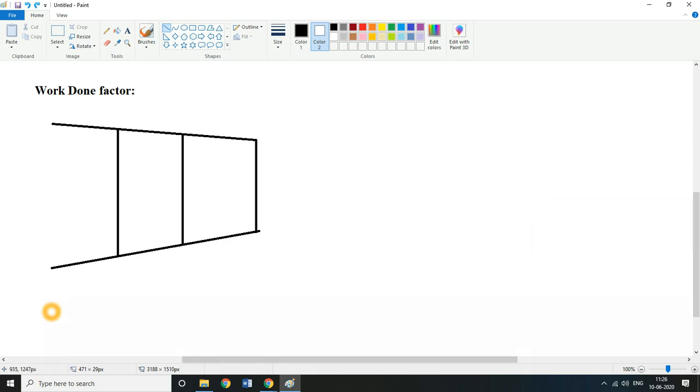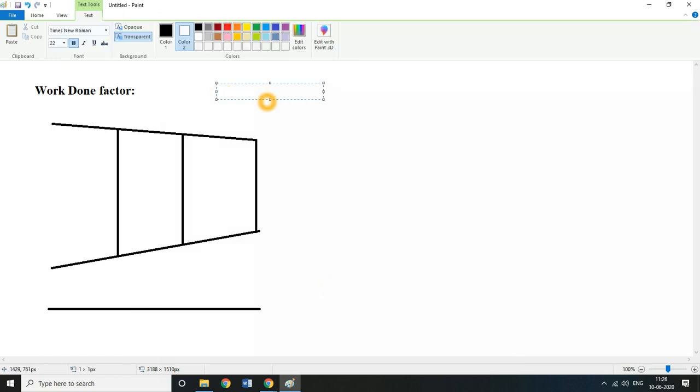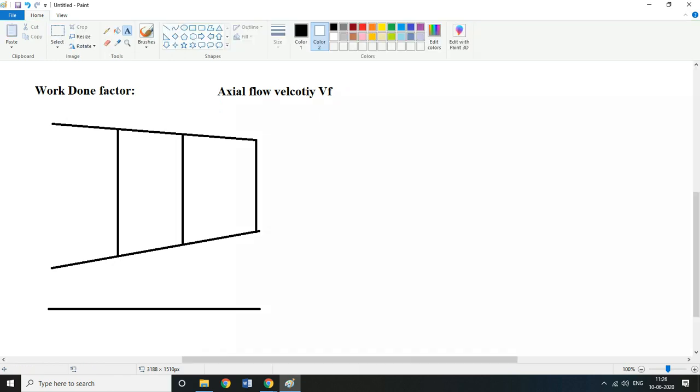So as and when the annulus of the compressor increases, I'll just write it, the axial flow velocity Vf will not be the same throughout the axial compressor.